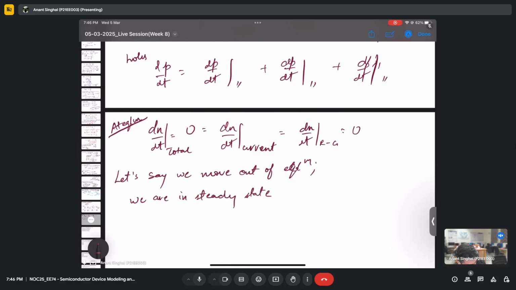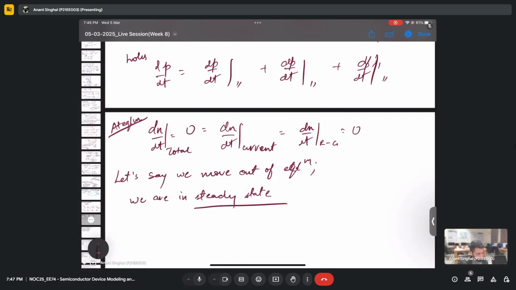Can anyone tell what is a steady state? Any idea? Steady state, as the name says, the answer is in the name only.